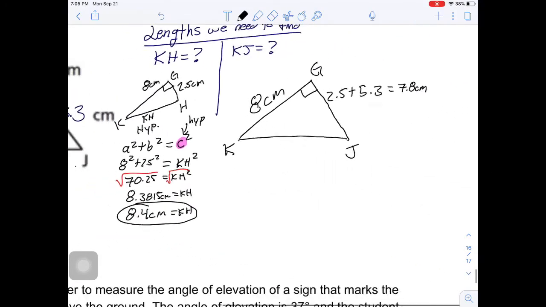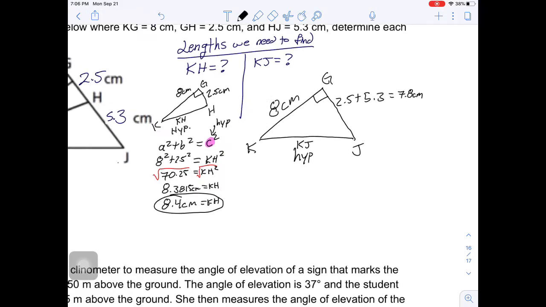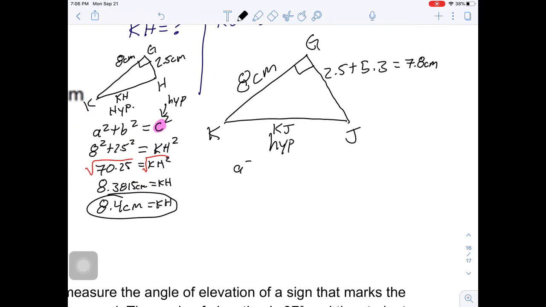Okay, so again, we're trying to find K to J, sorry. What is K to J in terms of this triangle? Well, it is opposite of the 90 degrees, making it the hypotenuse. So again, we're going to have to use a squared plus b squared equals c squared to solve this question.